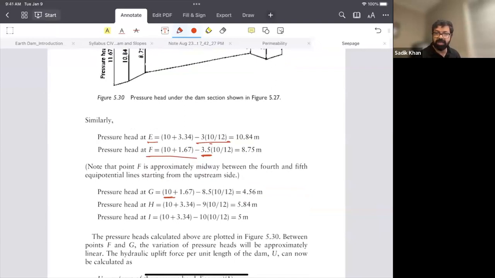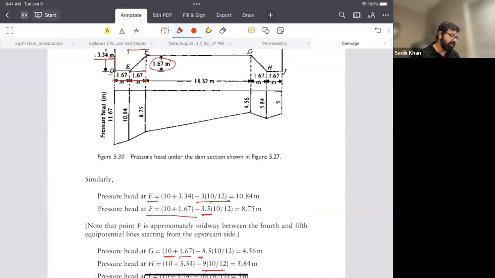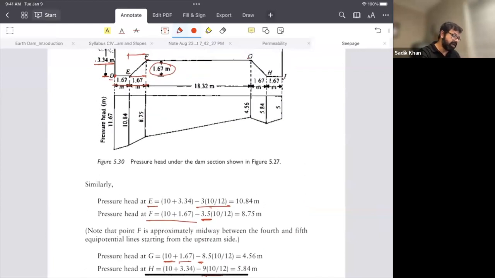We considered 8.6, they considered 8.5. Then the next ones are 9 over 12 and 10 over 12. So you calculate all the numbers, put them here, and plot this diagram.